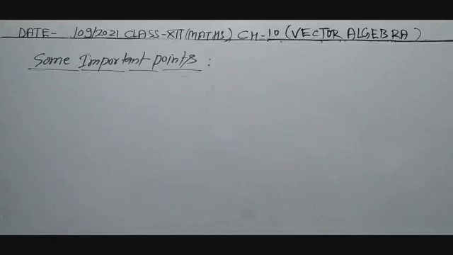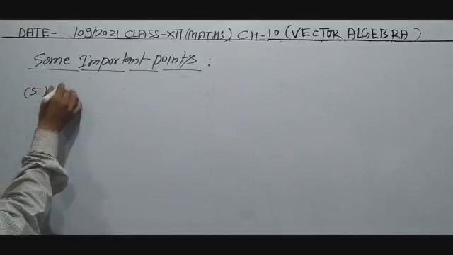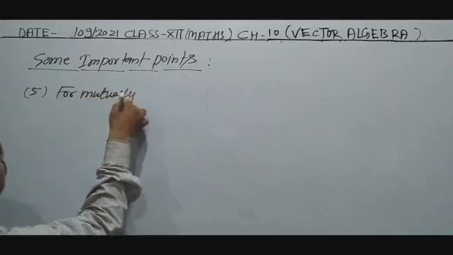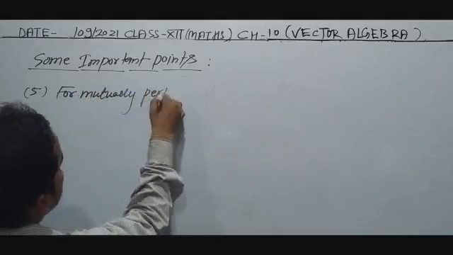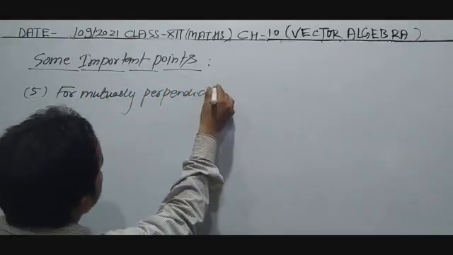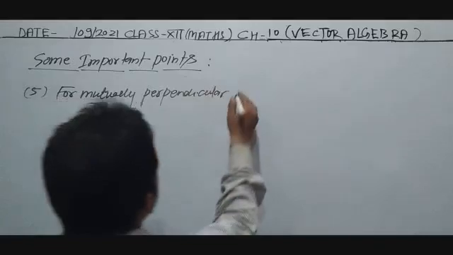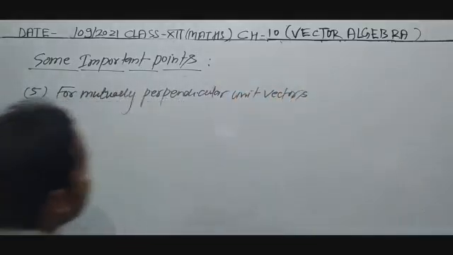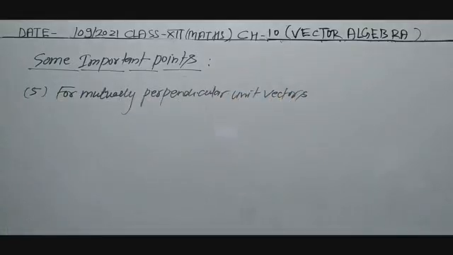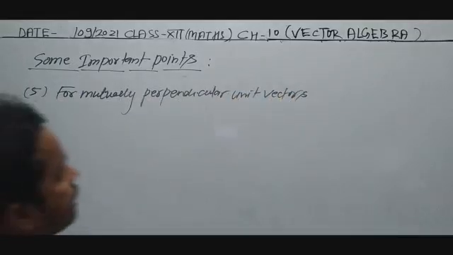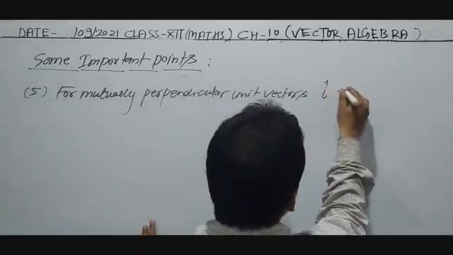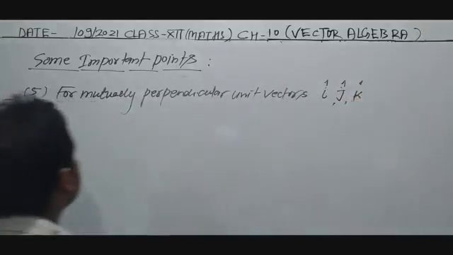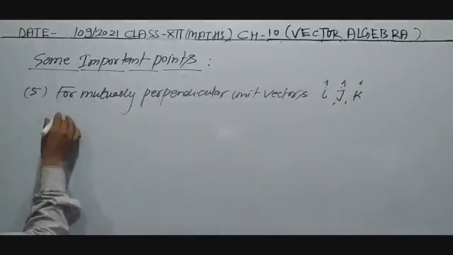Now fifth point is mutually perpendicular unit vectors. i, j, k, suppose these are the unit vector i, unit vector j and unit vector k. These vectors are mutually perpendicular.